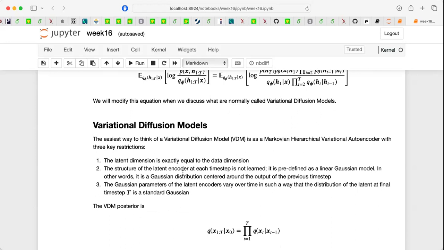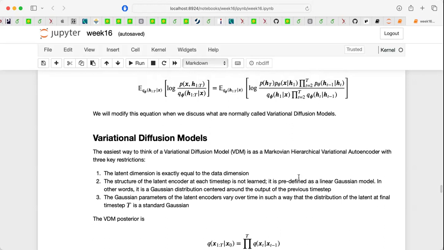The structure of the latent encoder at each time step is not learned. It's given by a predefined Gaussian model, or if you're dealing with a binomial function, you could replace a Gaussian with a binomial. But in general, people use a Gaussian distribution centered around the output from the previous time step.